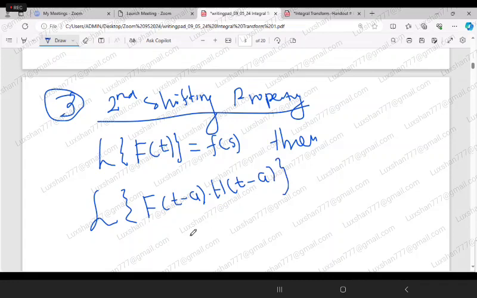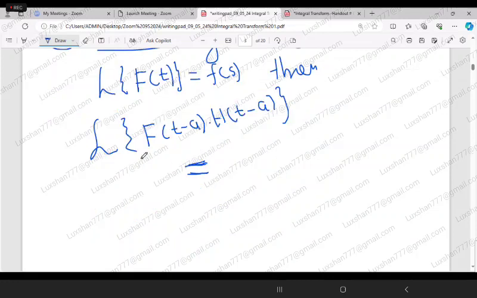Can one of you tell me the answer for this? Where h(t minus a) is the Heaviside unit step function. What is the second shifting property? Actually, this is the second shifting property of the Laplace transform. So can anyone text me the answer? What is the Laplace transform of f(t minus a) into h(t minus a)?